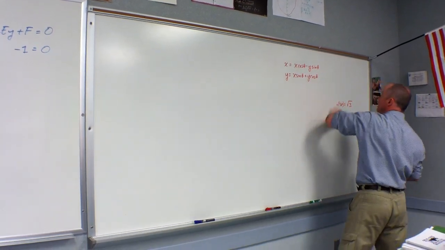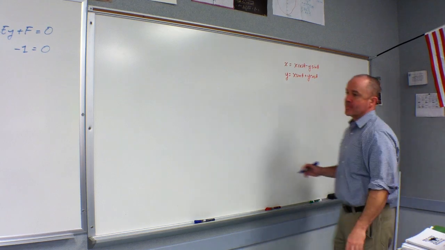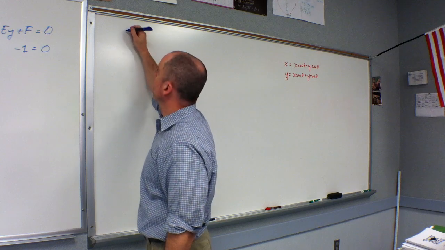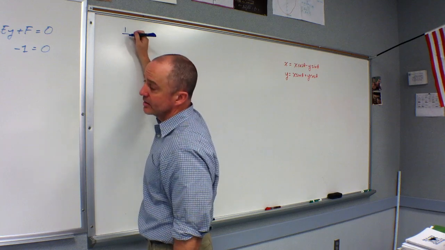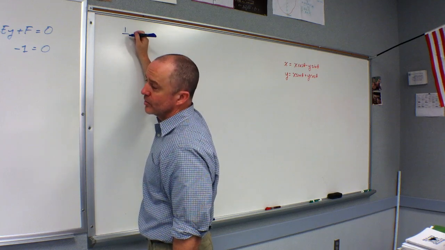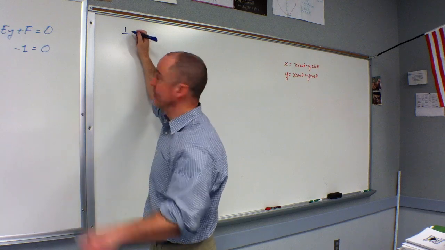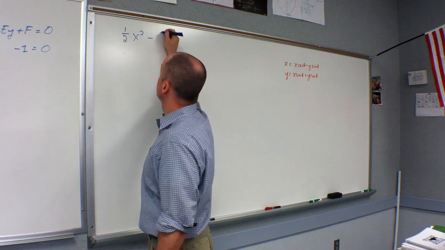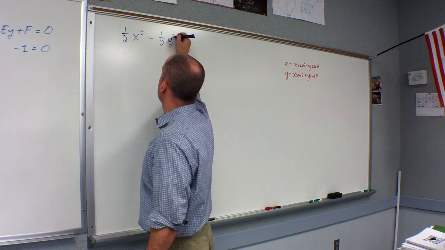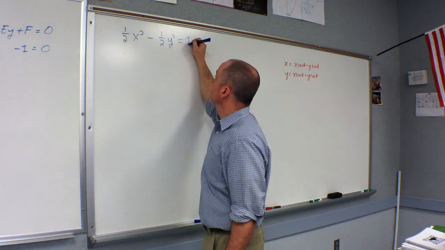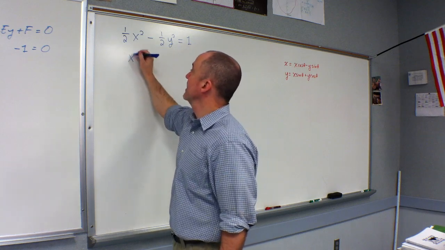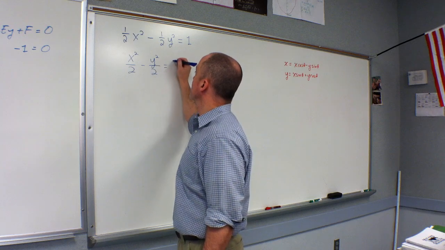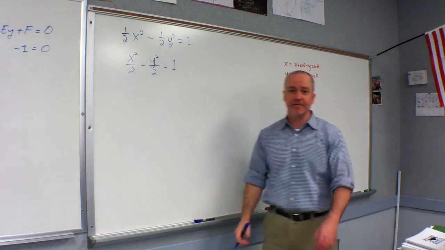Okay, so this goes to root 2 over 2 squared, which is 1/2, x' squared, 2 over 4, 1/2. Very good. So that goes to 1/2 x' squared minus 1/2 y' squared equals 1, which I'm going to rewrite as x' squared over 2 minus y' squared over 2 equals 1.